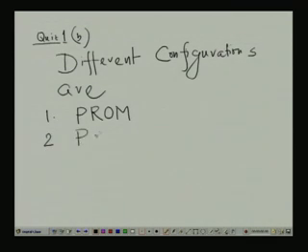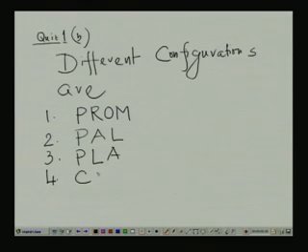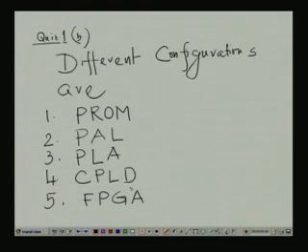Second is programmable array logic, PAL. Third is programmable logic array, PLA. Fourth is complex programmable logic devices or CPLD, and fifth is field programmable gate array or FPGA. So, these are the 5 configurations we have read. There may be some more in the literature, but in most cases they are part of, or some variety of, one of these configurations.